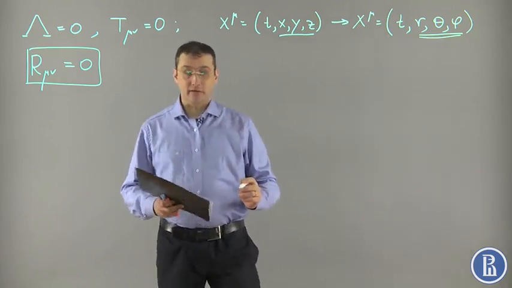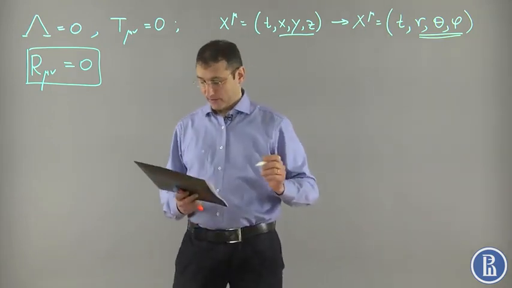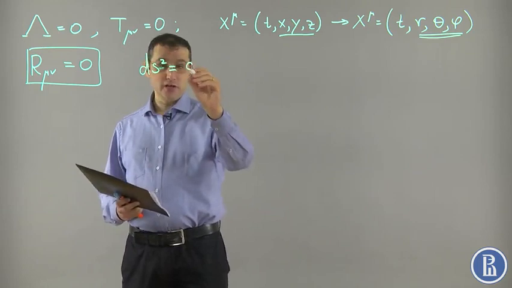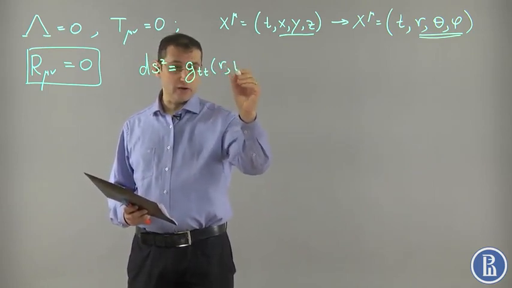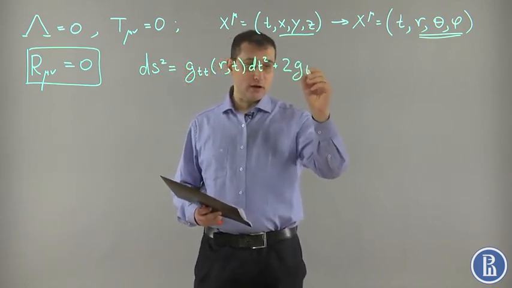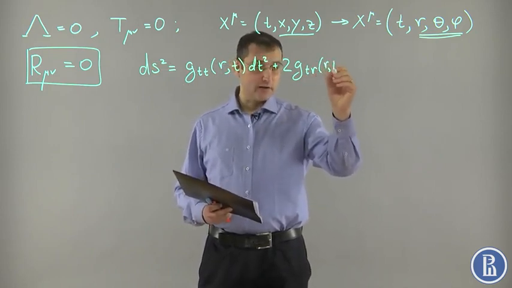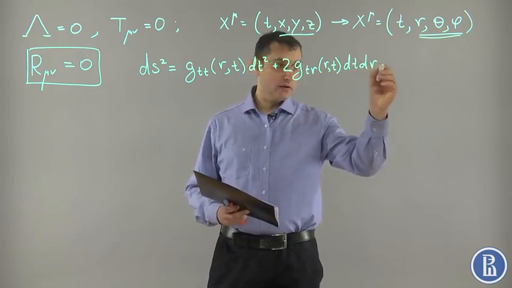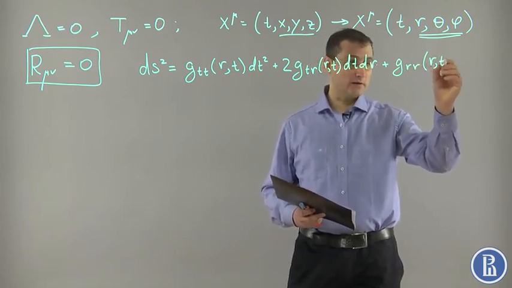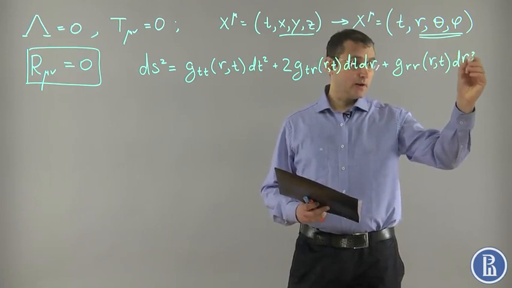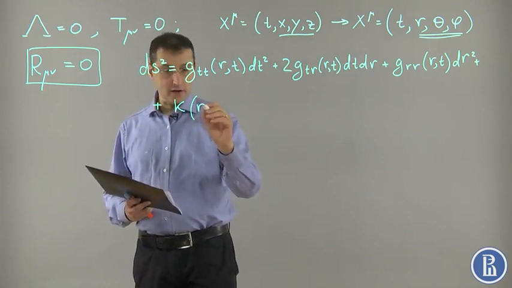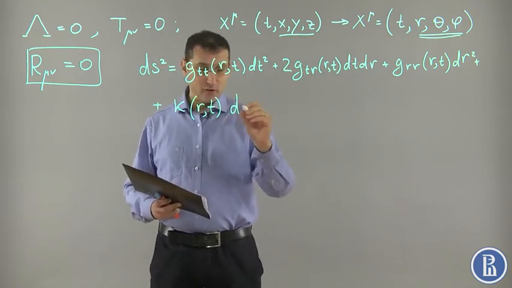So the most general metric which respects spherical symmetry has the following form. ds squared is equal to g_tt, which is a function of only r and t, dt squared, plus 2 g_tr, which is a function of r and t also, dt dr, plus g_rr, which is again a function of r and t only, dr squared, plus k, which is a function of r and t only again, times d omega squared.